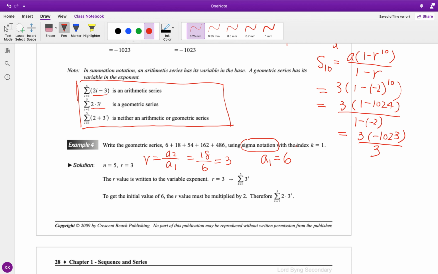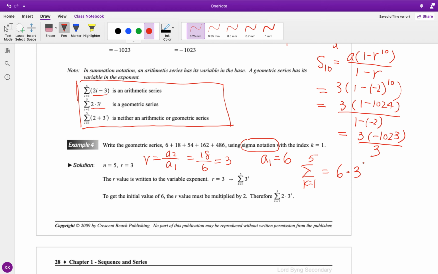So in terms of my sigma notation, k is from 1 to 5, because of 5 terms altogether. Then it equals my first term, which is 6, multiplied by the common ratio, which is 3, to the power of n minus 1.